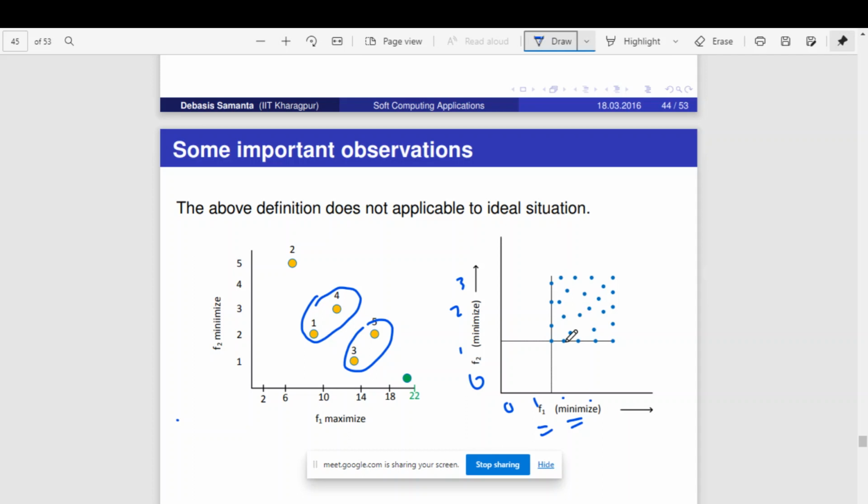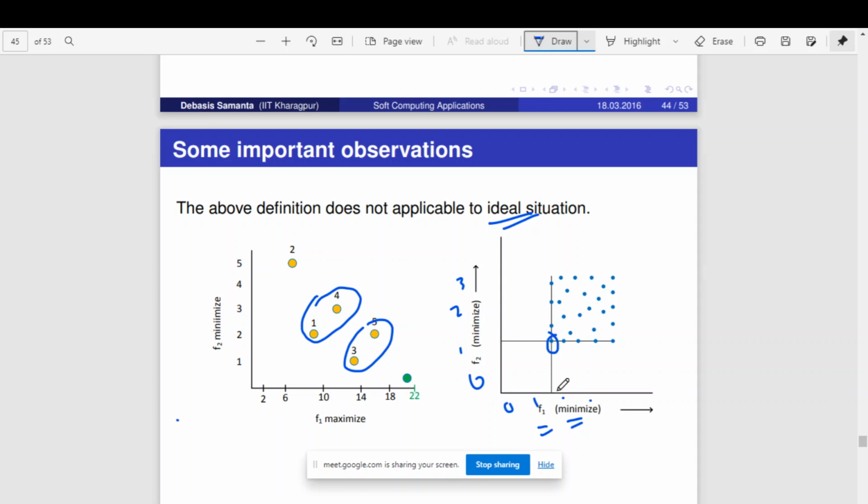Is there any Pareto optimal front here? Actually, there is no non-dominating set here. This non-dominating set concept is applicable only for a plot like this. It is not applicable for an ideal solution. Here, straight away, you can say that this is the solution, because this is the one towards the left, where f1 is minimum and f2 is minimum.